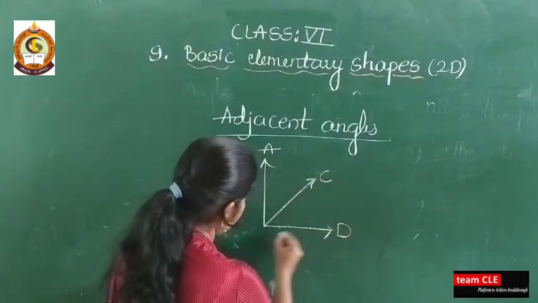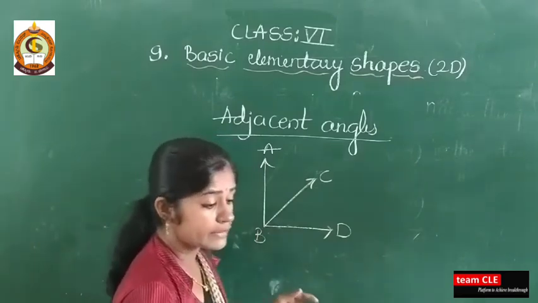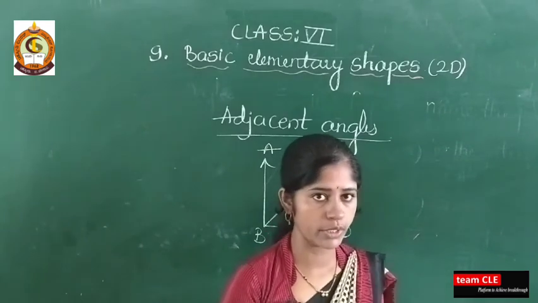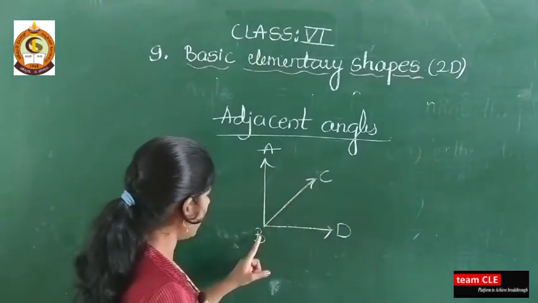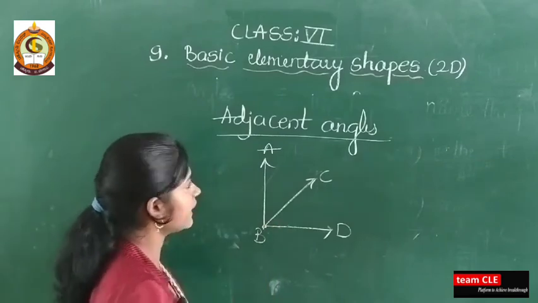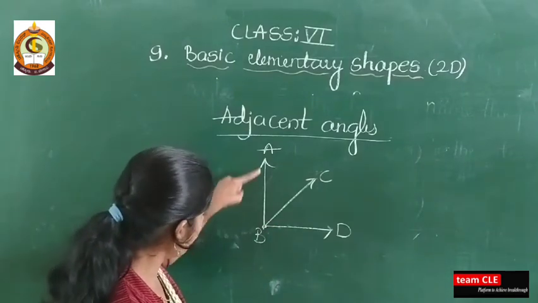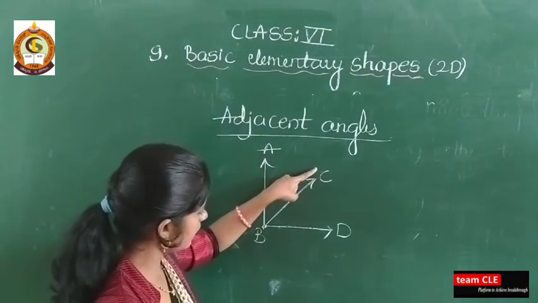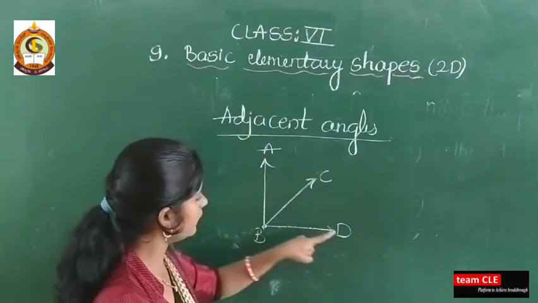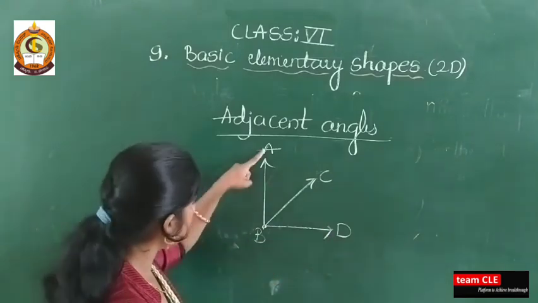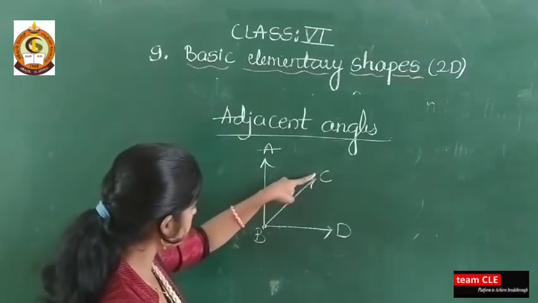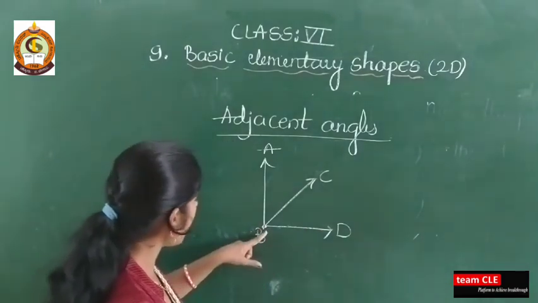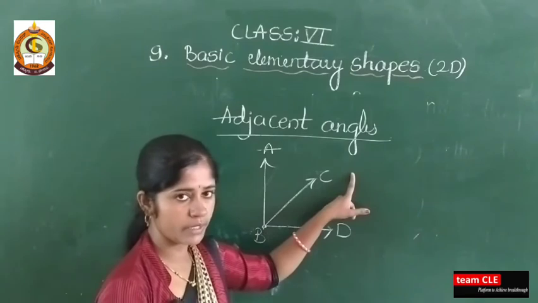A, C, D and B. See here, adjacent angles have a common side and common vertex. See here, common ray and common vertex. Then tell me, the adjacent angles here are ABC and CBD. Once again I will repeat, ABC and CBD are adjacent angles because they have a common vertex and common ray.